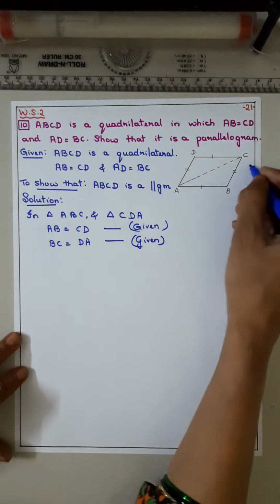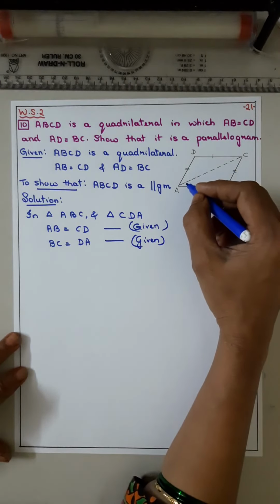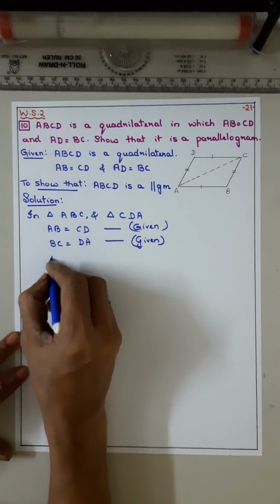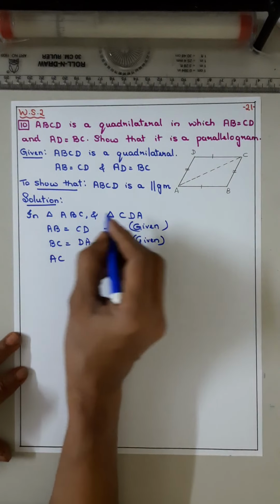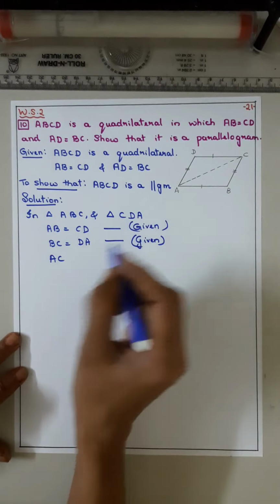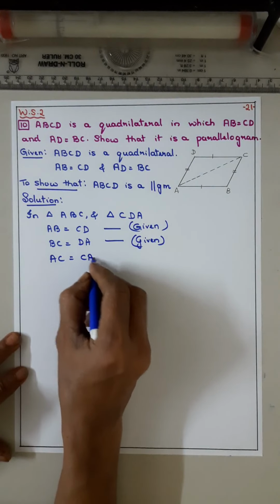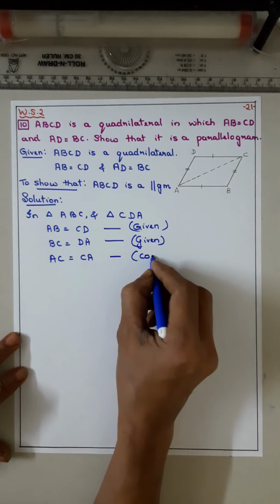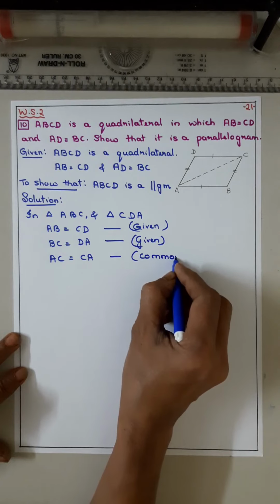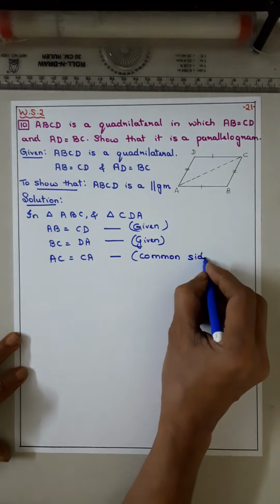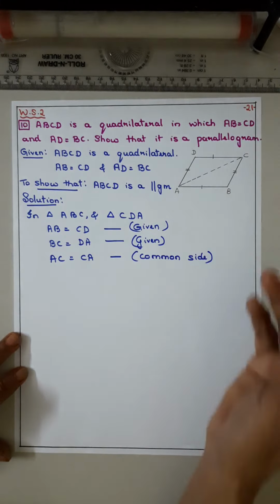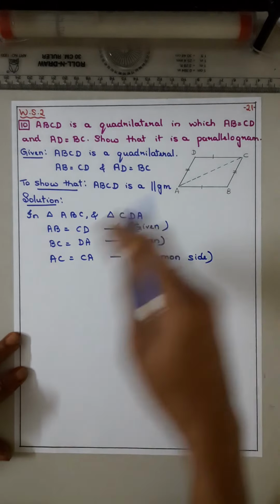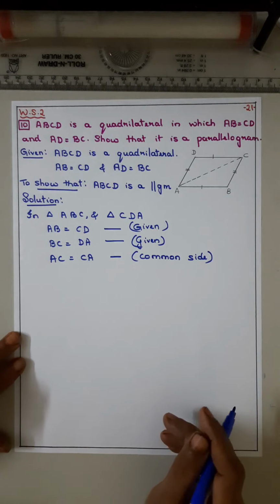Now third, AC is equal to CA. That is the common side. Yes or no? When both the opposite sides are given, the diagonal becomes the common side.